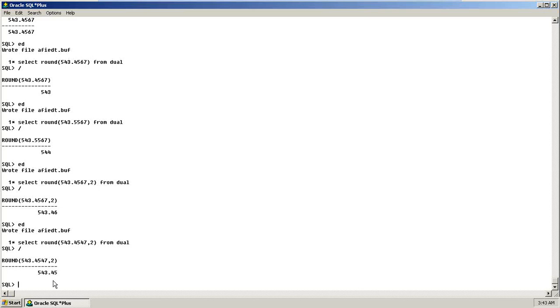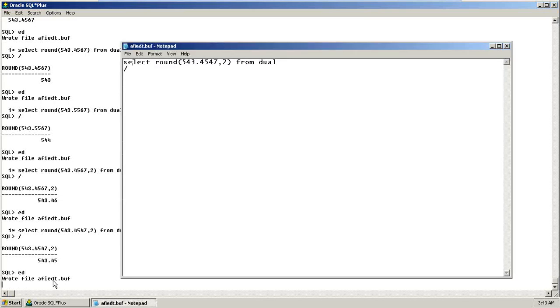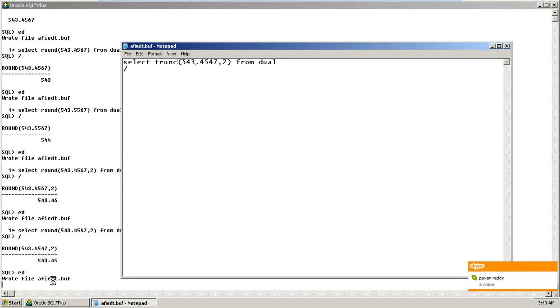Similarly, we have the truncate function. It returns the number truncated to the specified decimal places. Just see, instead of round, I am using the function trunc.